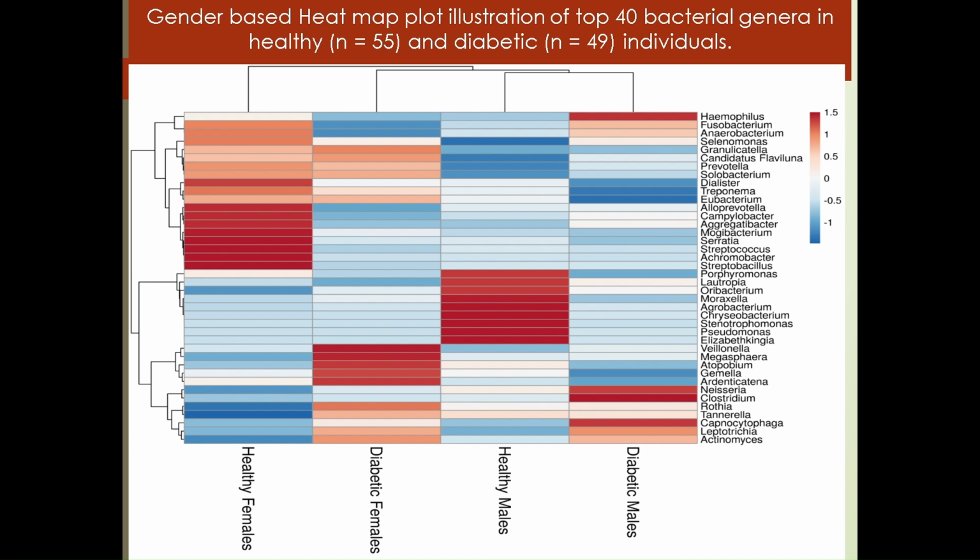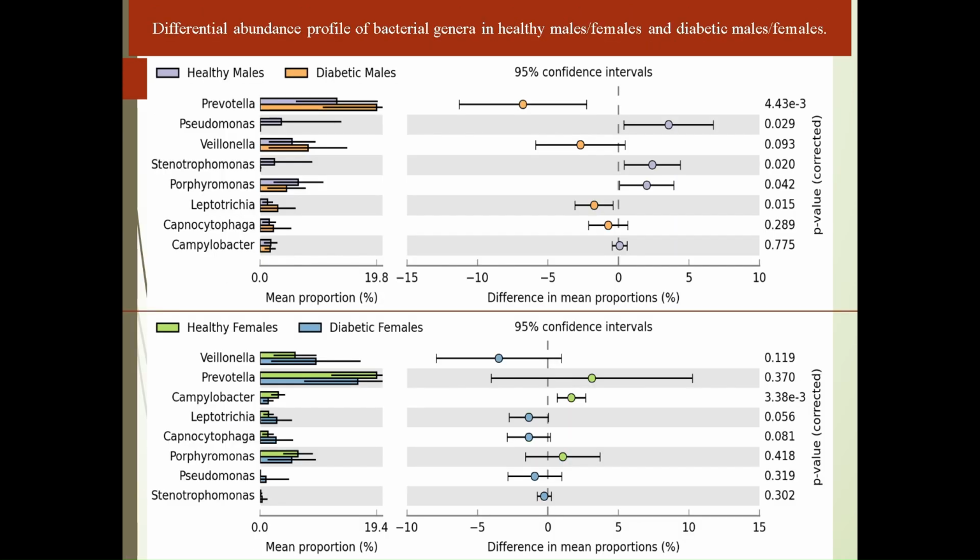This slide is showing the gender-based heat map plot of the top 40 bacterial genera, comparing male and female diabetics and healthy individuals. It also provides statistical analysis of the differential abundance of bacterial genera in healthy males and females compared to diabetic males and females.